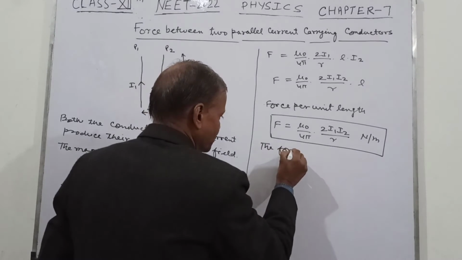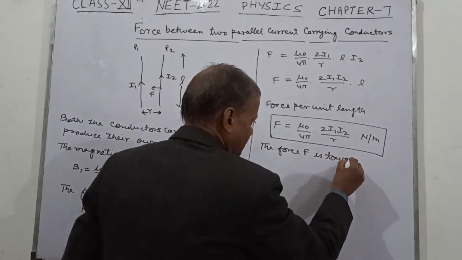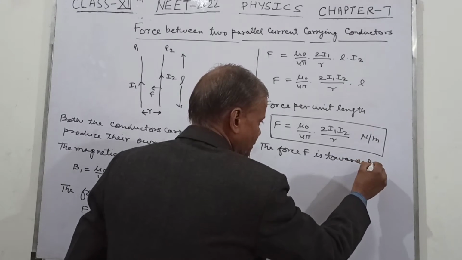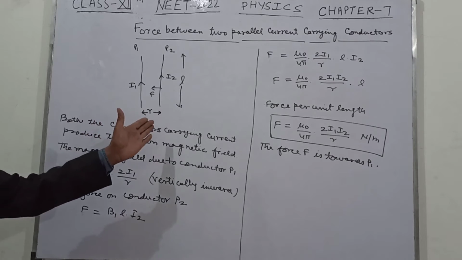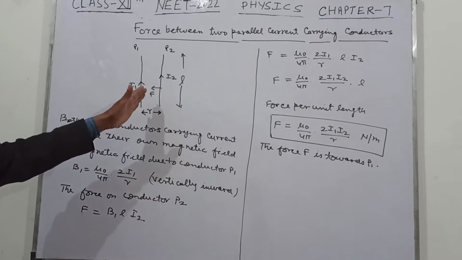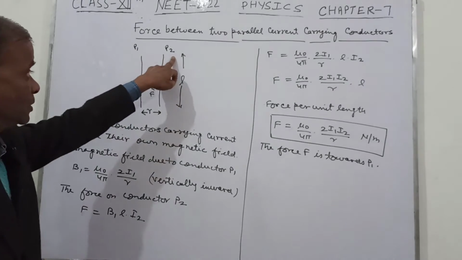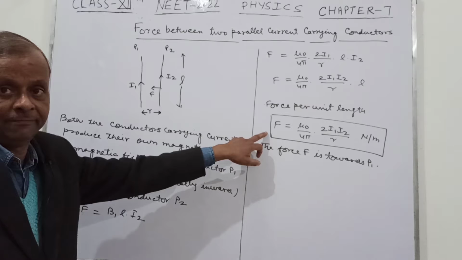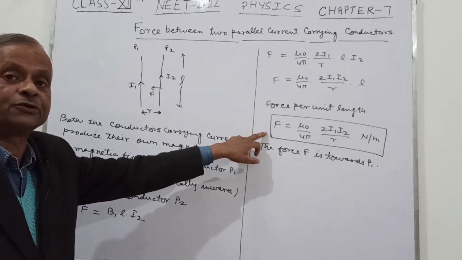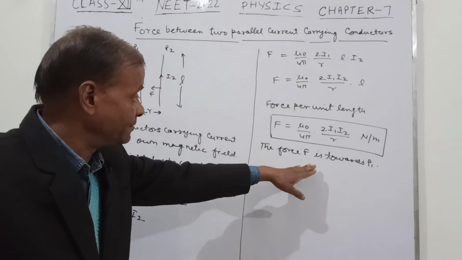Now similarly, if you find the force on this conductor P1 due to the conductor P2, we will have the same expression, but the direction of the force will be just opposite to what we have here.